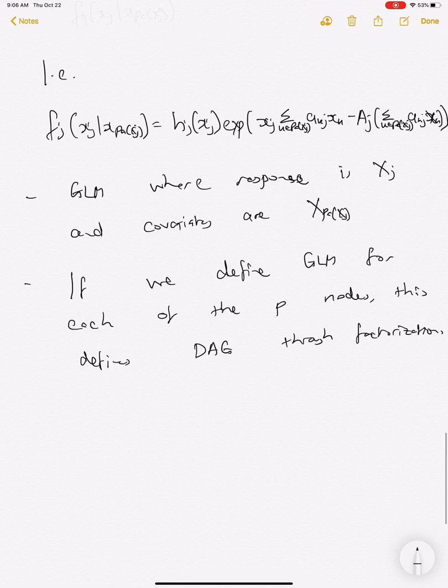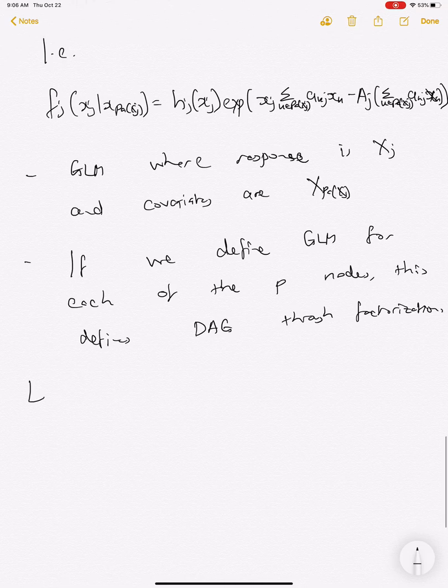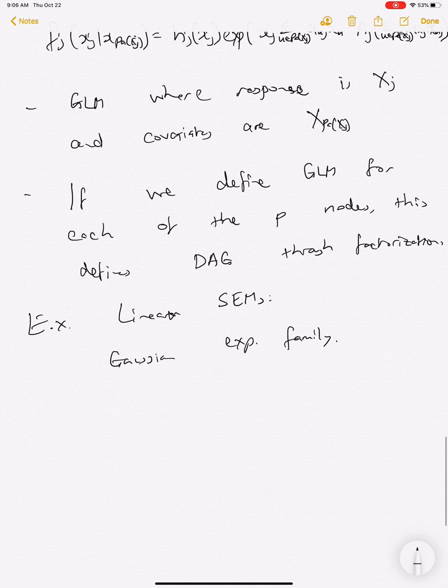Okay, and so we saw this, for example, if we have linear SEMs, structural equation models, that's just a Gaussian exponential family. But you could certainly imagine that if you replace that with a Poisson or a Bernoulli exponential family, you could define your distribution like this.